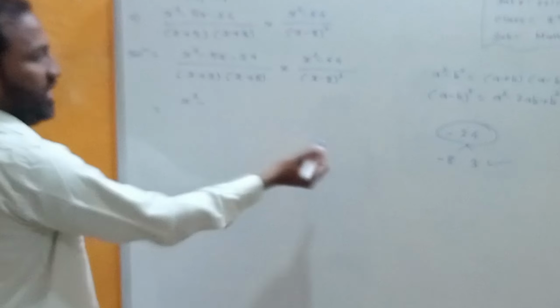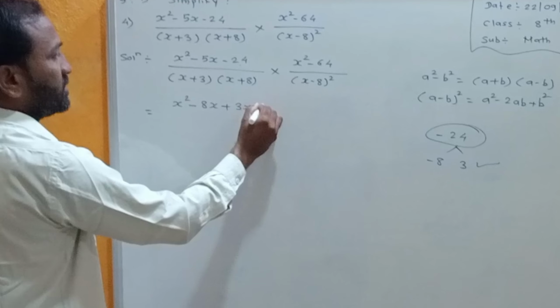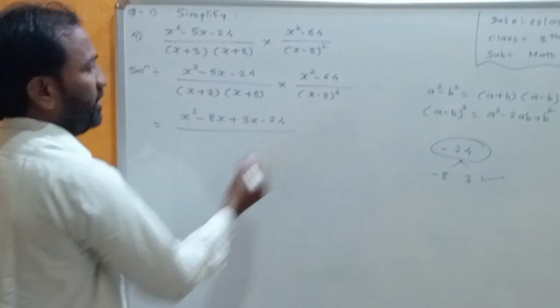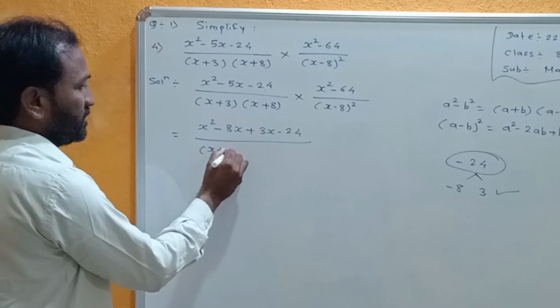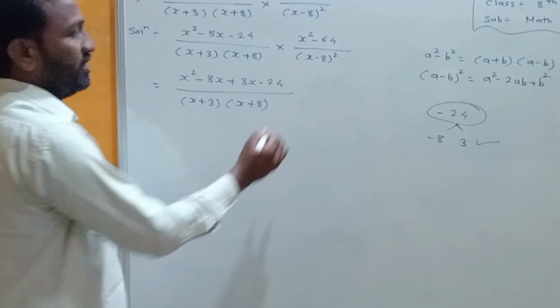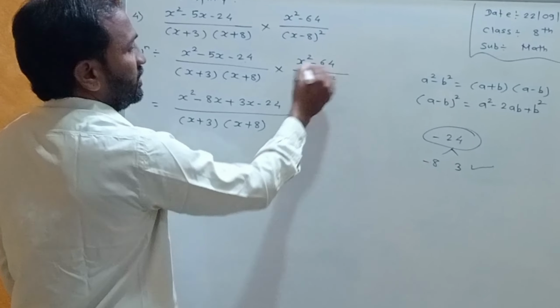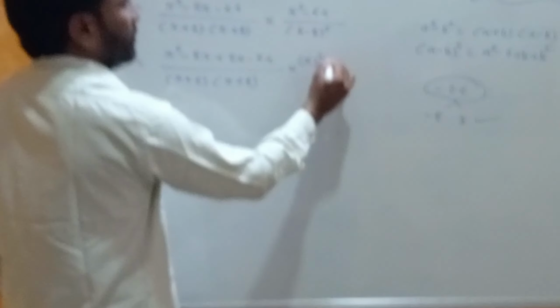x² − 8x + 3x − 24 divided by (x + 3)(x + 8) into, this is the formula, x² − 64.